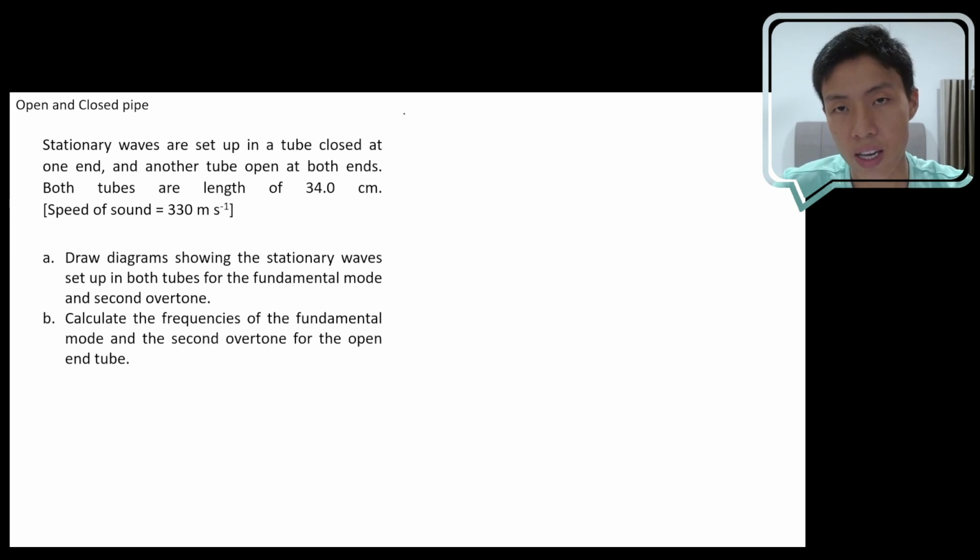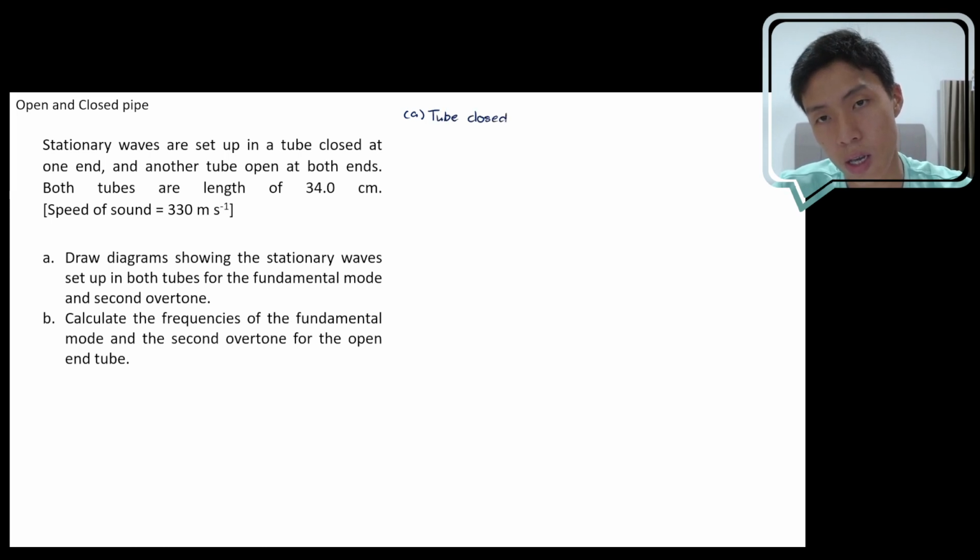For question A, you need to do it once for the tube closed at one end, then after that you need to do it also for another tube which is open at both ends.